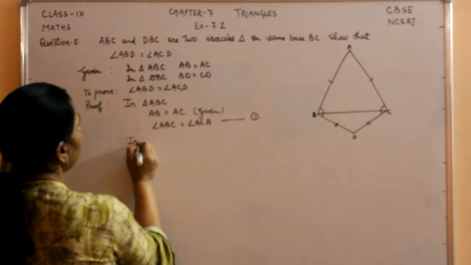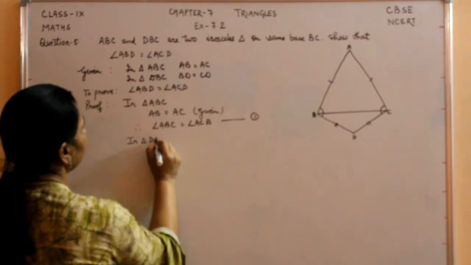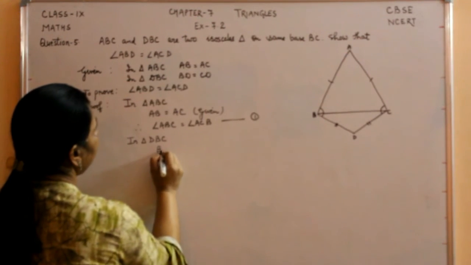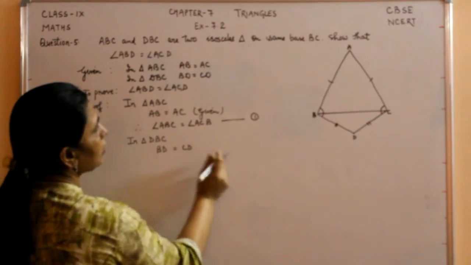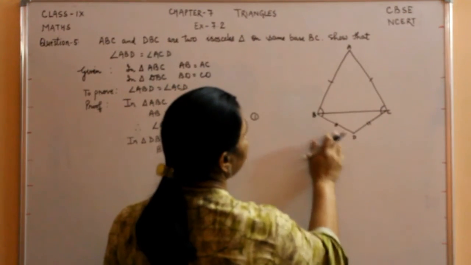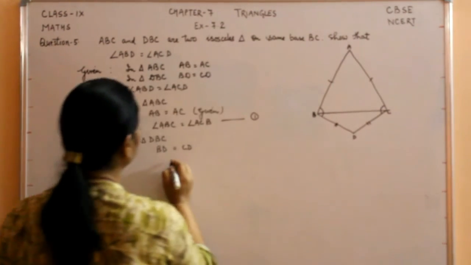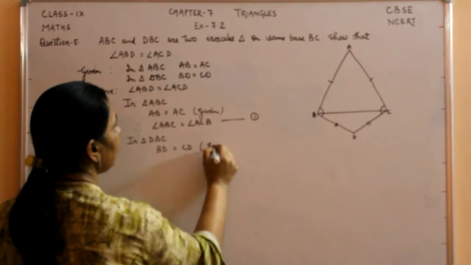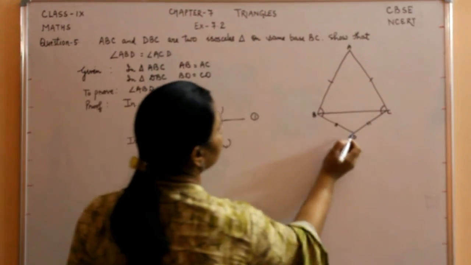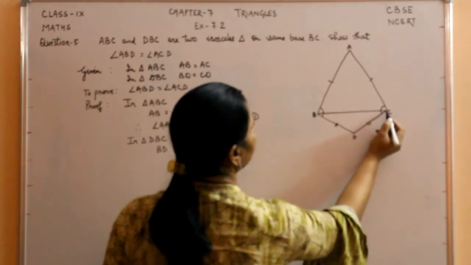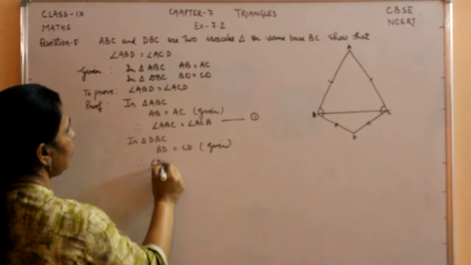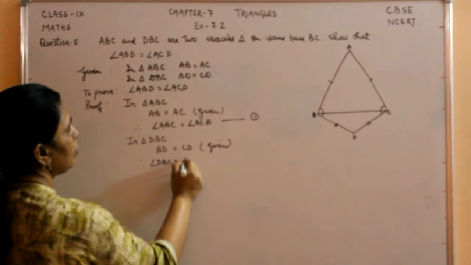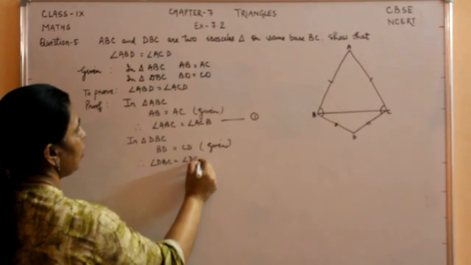Now in triangle DBC, BD is equal to CD is given. This is also given. That means angle DBC is equal to angle DCB. Therefore, angle DBC is equal to angle DCB. Let it be 2.